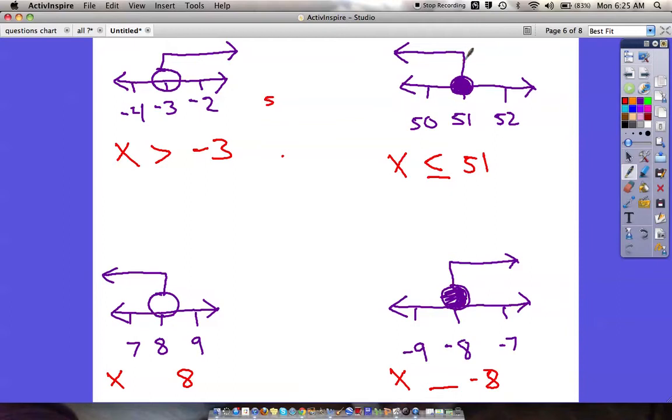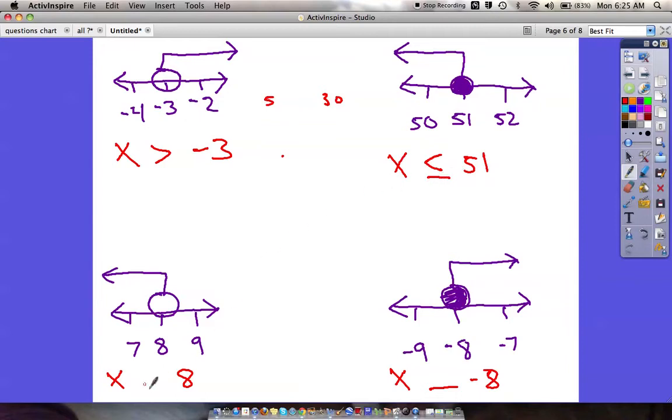If I go from 51 down, 30 would be down here somewhere. That should work. So let's try it. 30 is less than or equal to 51. That's true, so I wrote it correctly. And I need this line at the bottom here because it should be an or equal to, because 51 should also be included.